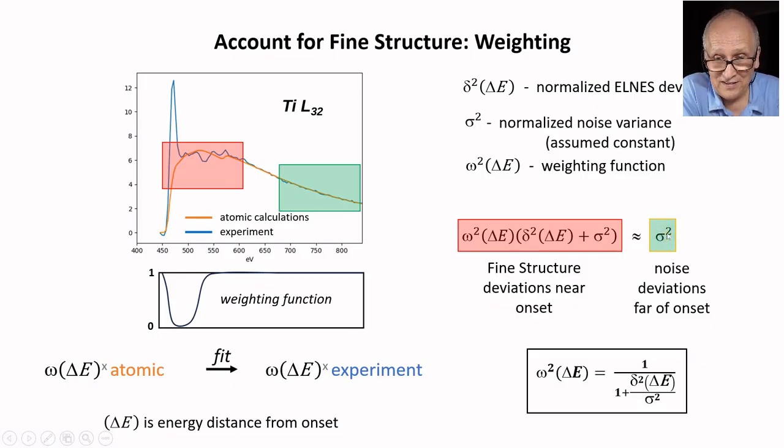But near the onset, all deviations are due to noise plus ELNES. Assuming they are independent, their variances should simply sum up, and we obtain simple equations for the weighting function. From that, we derive the weighting function as this.